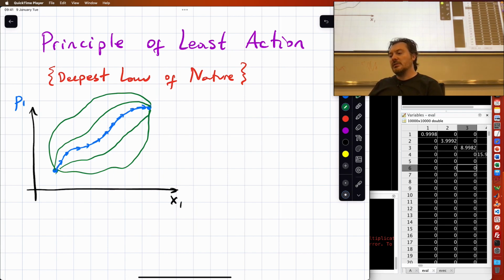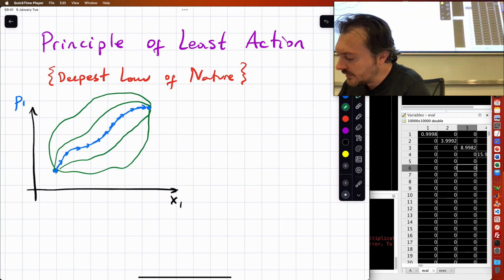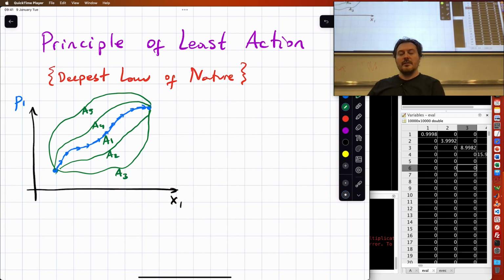What happens is that if you calculate action for this path, action for this path, action for that path, the one that follows Newton's laws has least action. Did you get it?